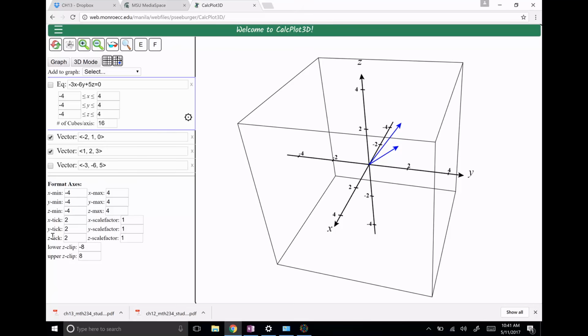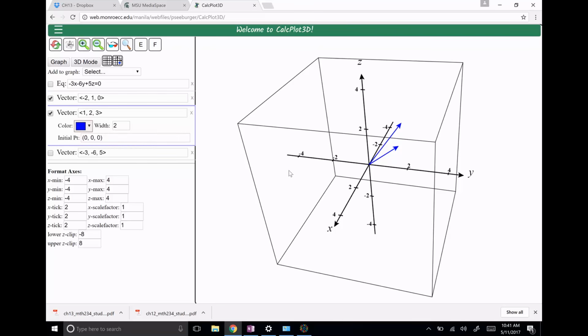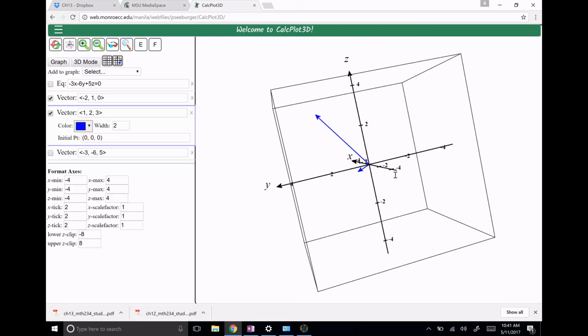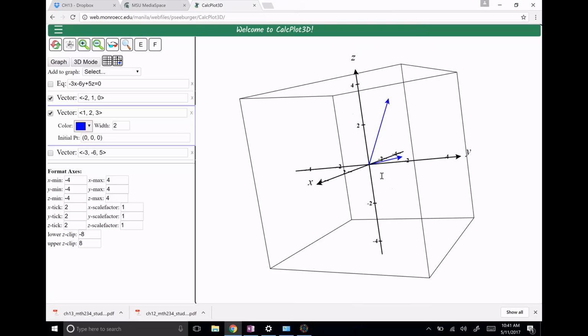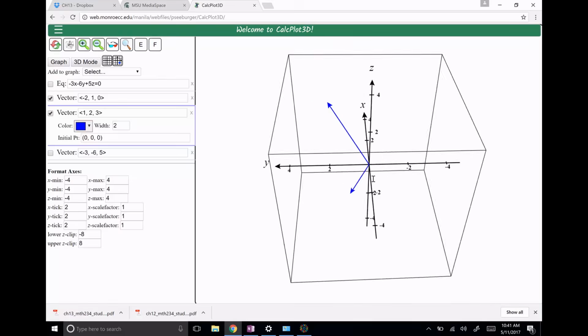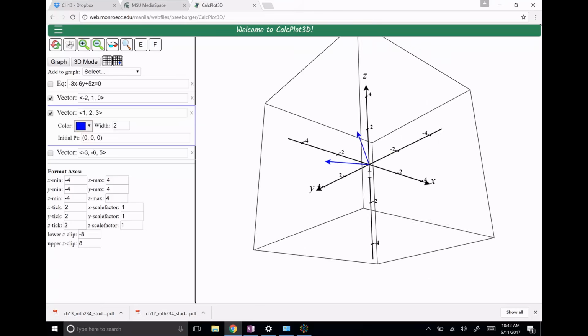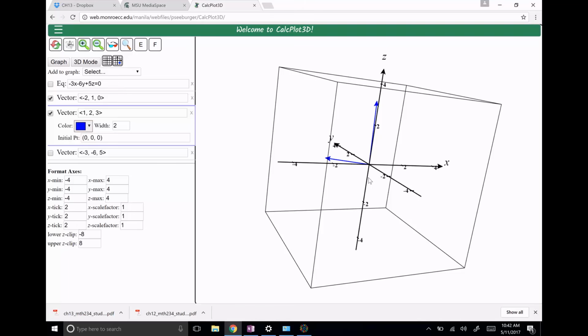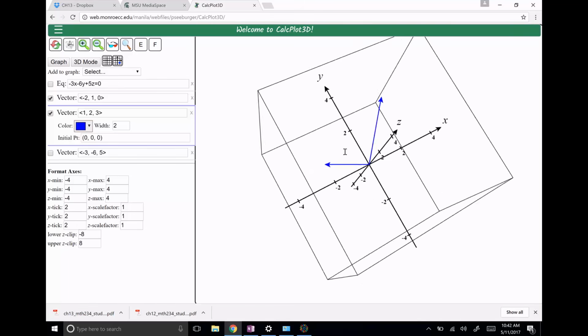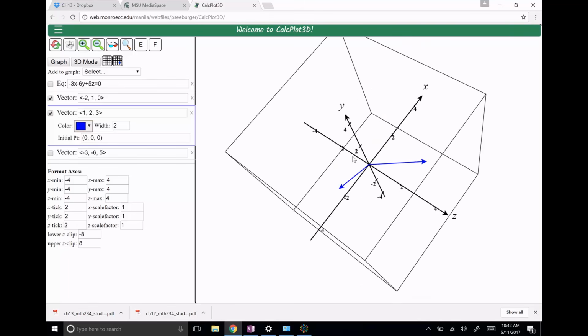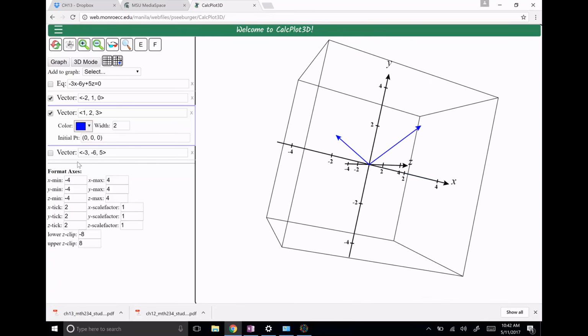We're trying to find a vector that's perpendicular to the vector 1, 2, 3 and the vector -2, 1, 0. I've graphed these both starting from the origin and going out, and you can see them rotated in 3-dimensional space. Again, our goal was to find a vector that was perpendicular, or at a 90-degree angle, to both of these vectors. And so here's our answer.